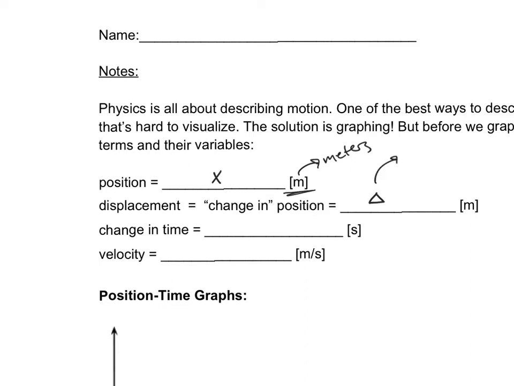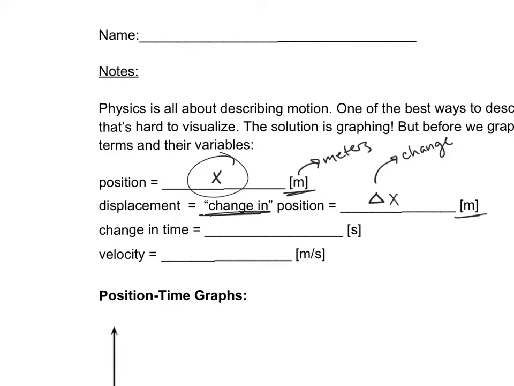That means change in physics anyway. In Greek, it's just straight up a letter. But the little triangle called a delta, it means change. So if we're doing change in position, we use delta for change, and position is x. So we do change in x for displacement. And it's also measured in meters.